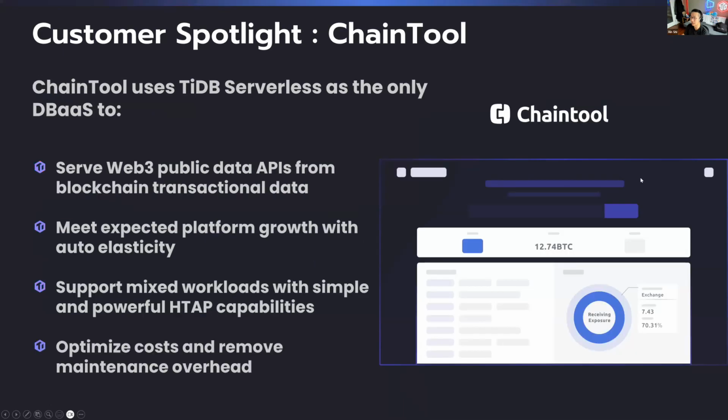Next, we have Chain2. Chain2 is an AI-empowered Web3 risk platform. It's a Web3 startup, and Chain2 is building public data sharing APIs for enterprises and Web3 users to look into the risk control of Web3 business. We heard from customers that TiDB Serverless is really the best database for developers.